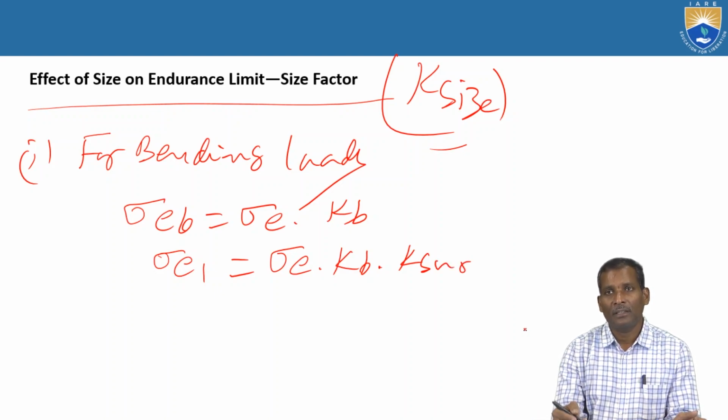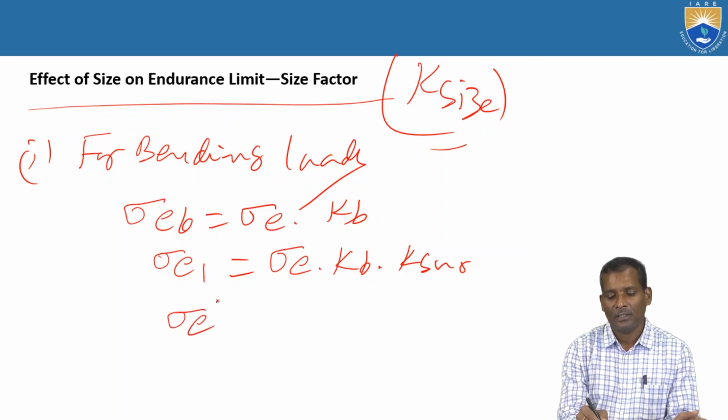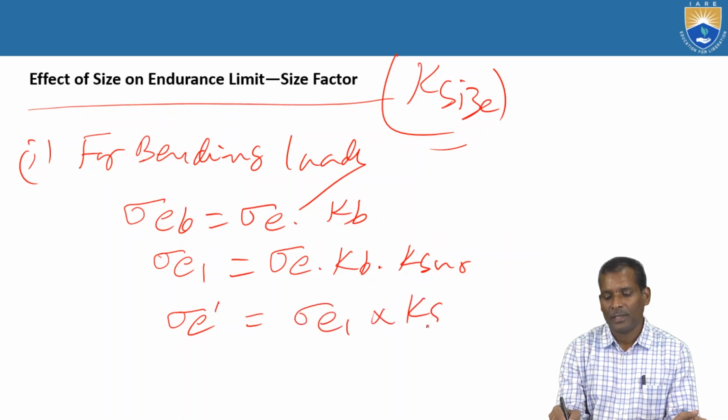Now you are taking size factor also, so sigma E dash is sigma E1 multiplied with K size factor.